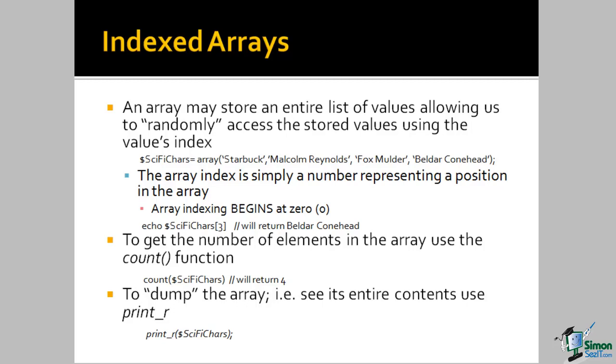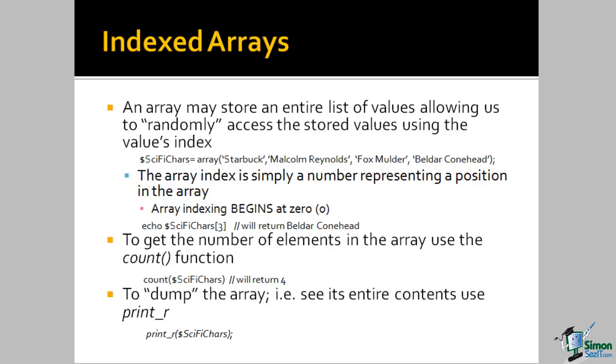What that means is the maximum index of an array is 1 less than the number of elements that it's storing. This is, again, one of those junior programmer issues that often arises, where if you try to access an element that is outside of the bounds of the array, you'll get a fatal error.